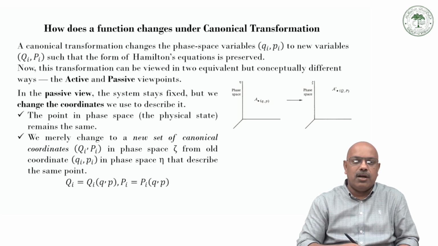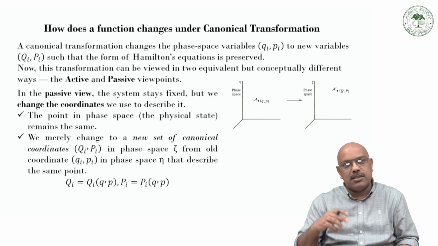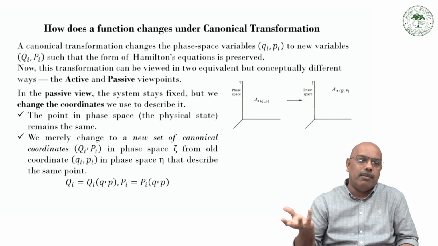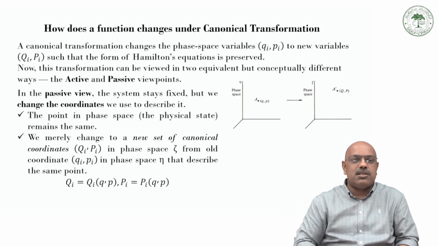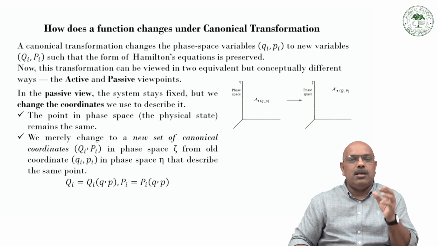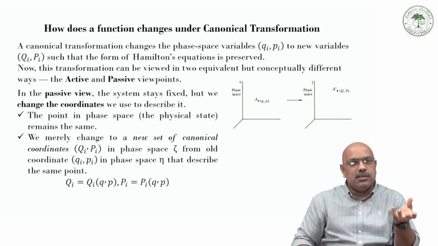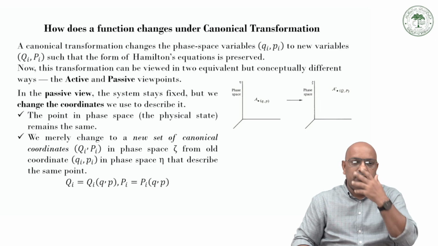That is, q dot and p dot as given by the old Hamiltonian become capital Q dot and capital P dot as given by the new Hamiltonian. This transformation can be viewed in two ways: one is known as the active viewpoint, and the second is known as the passive viewpoint.